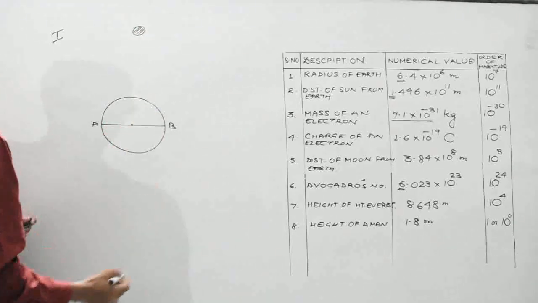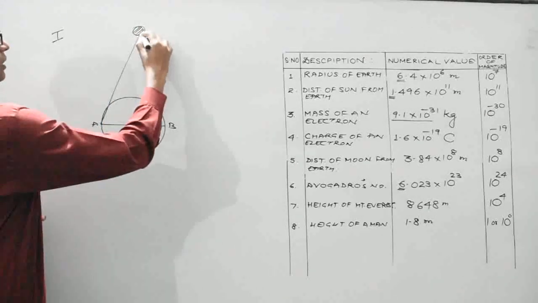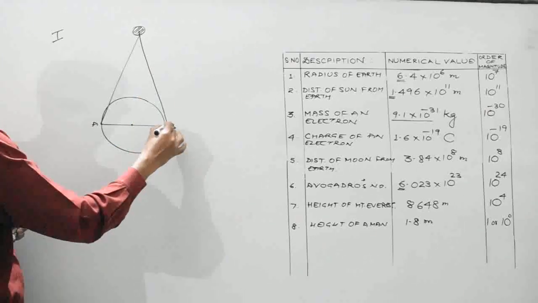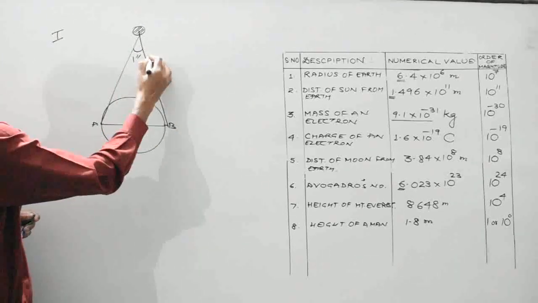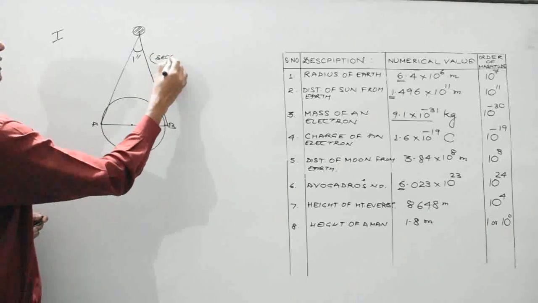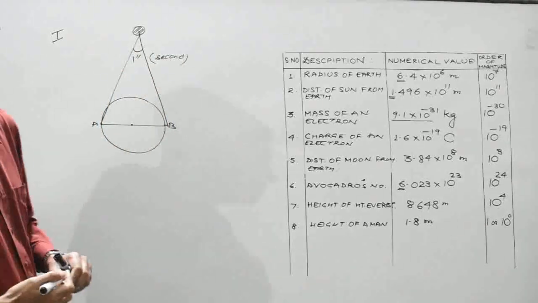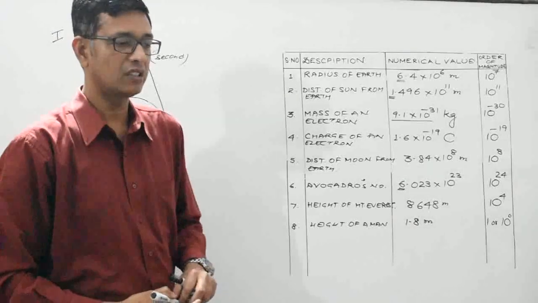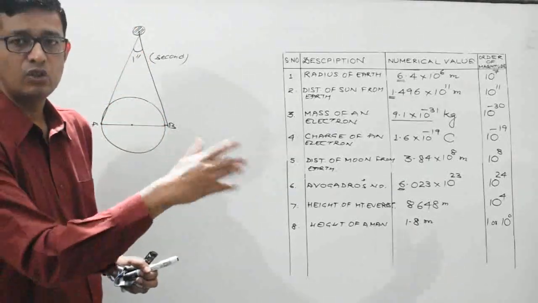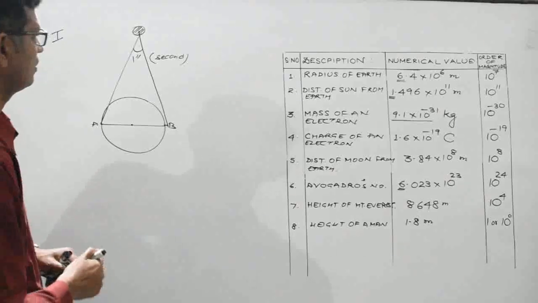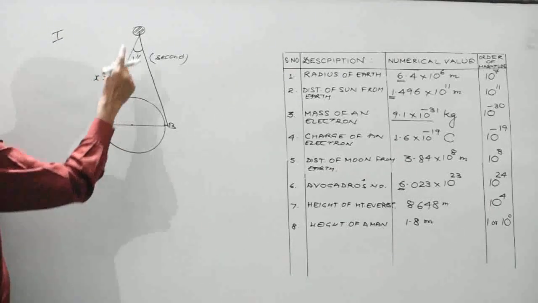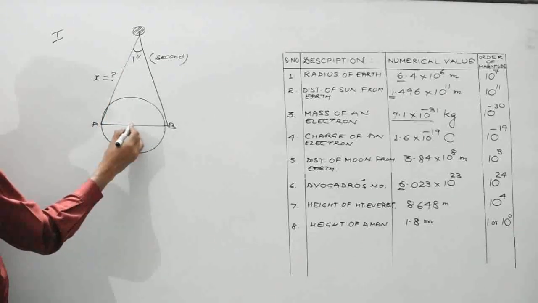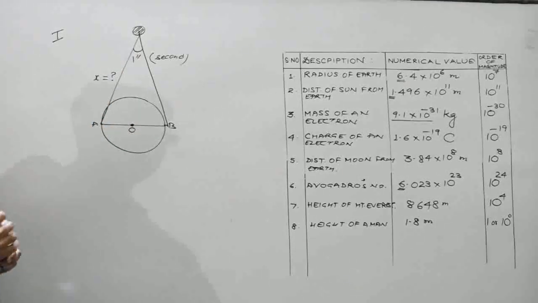So the angle of parallax, it's given to be 1 second. This is 1 second. It's the angle. In sexagesimal system, it can be converted into radians as well. That we'll discuss. So, what will be the distance of this heavenly body from the center of the earth? Right? This is the question basically.